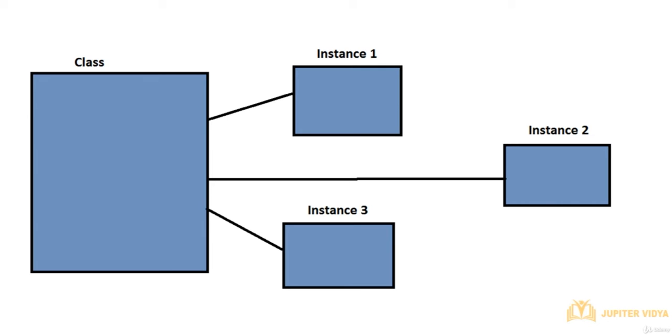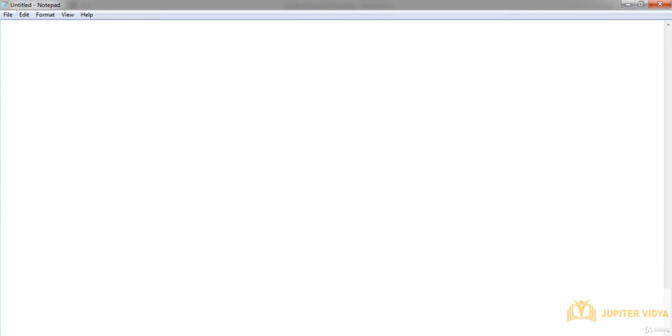To understand it in detail, let's see one example. Okay, so let's understand what this object is. I'll take one example, a laptop. So let's understand these properties. What are the properties of a laptop?